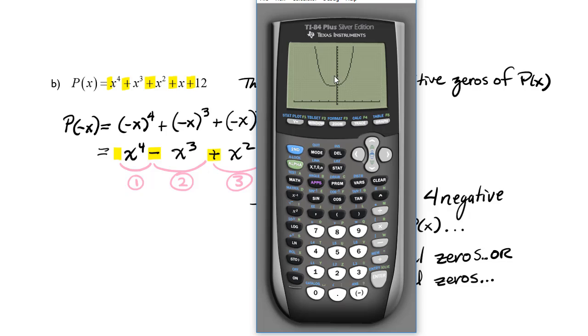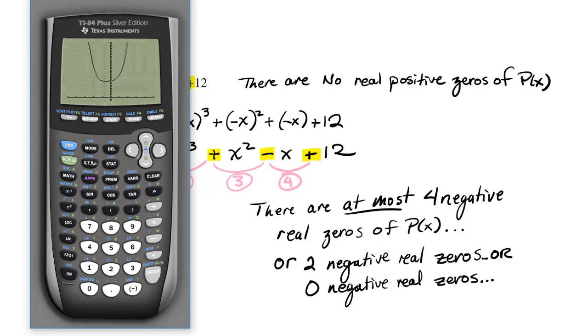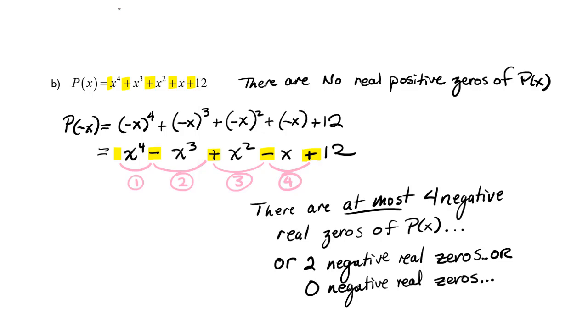So it's doing something very kind of strange here. It looks like it might come down, bump back up, and then down again, but it never is crossing the x-axis. So from that information and the information I just gathered using Descartes' Rule of Signs, I can say that this is the true statement. There are 0 negative real zeros.